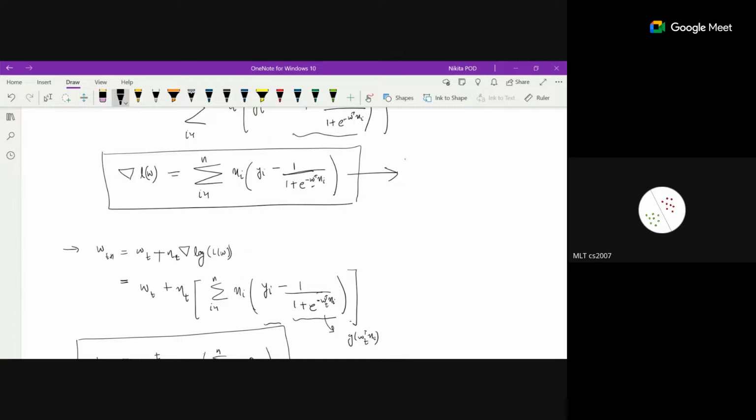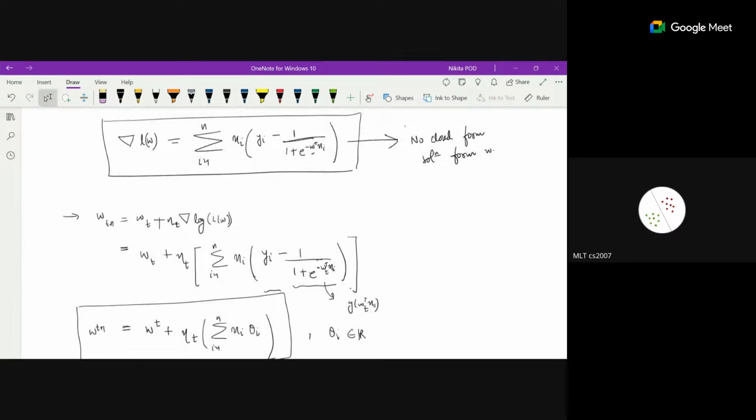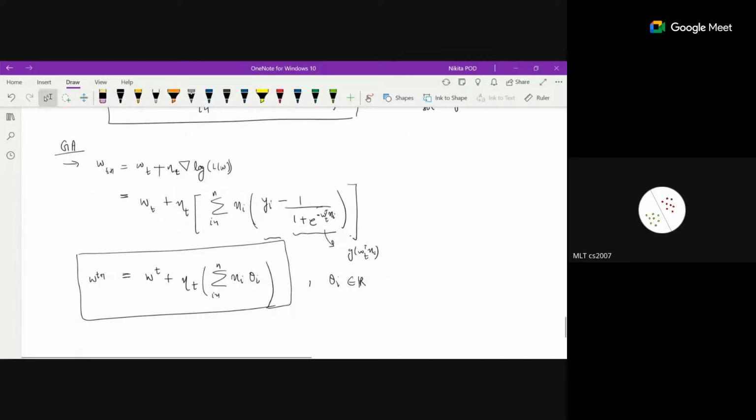Because of this e to the power term, the W that I'm going to get is not a nice W. So to deal with this, since there is no closed form solution for W, we move to this optimization technique. What we are saying is we will use this gradient ascent update rule, and from this we are going to find my W.